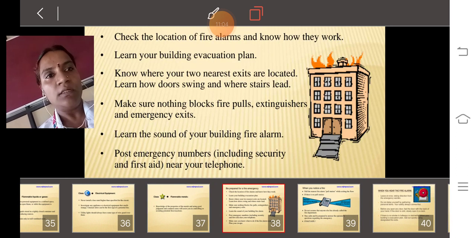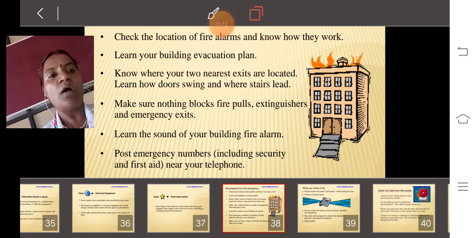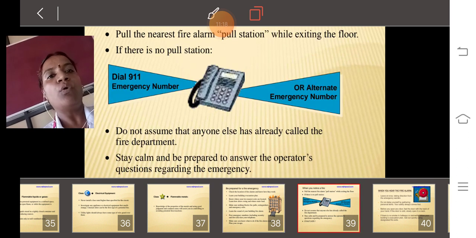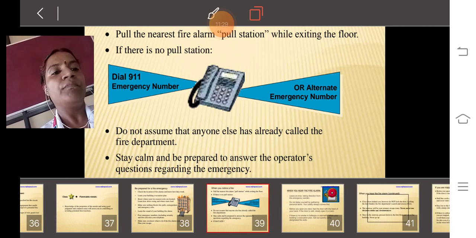Once a fire has occurred, we have to follow these steps to protect ourselves. Number one, we have to run away from the building, and we have to call an emergency number like 911 or alert the emergency number which is locally available.